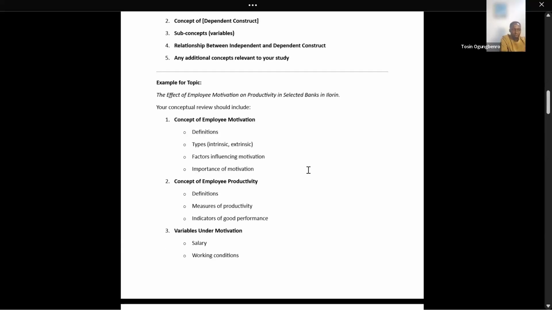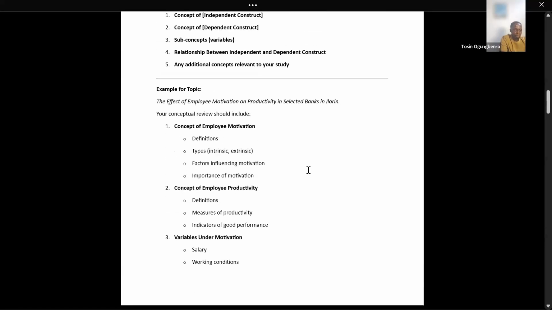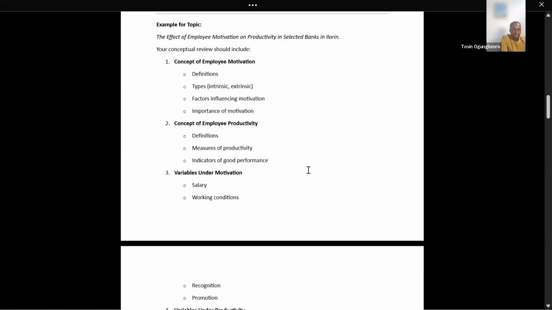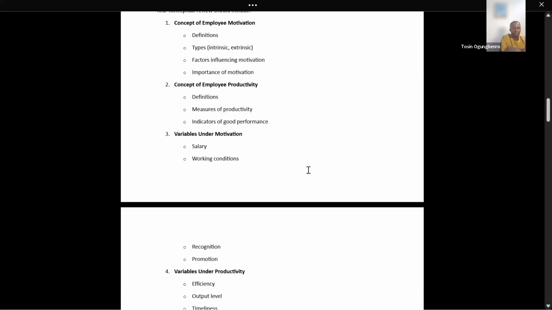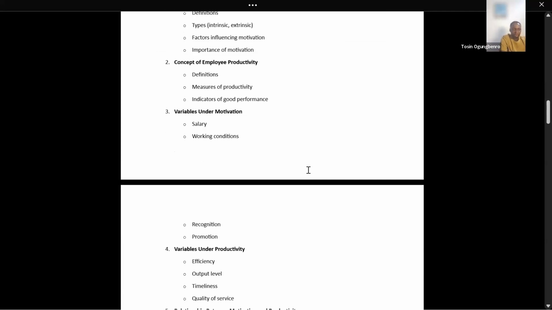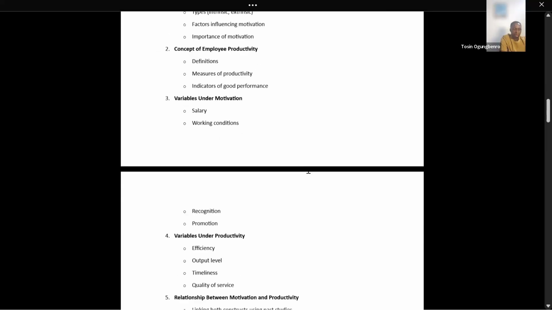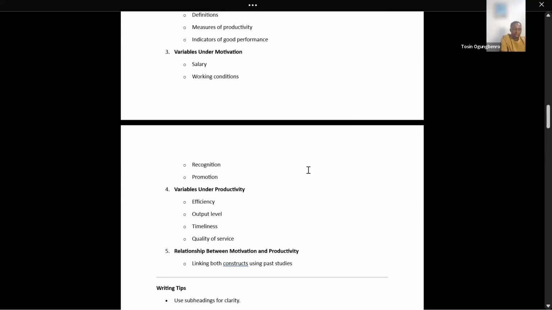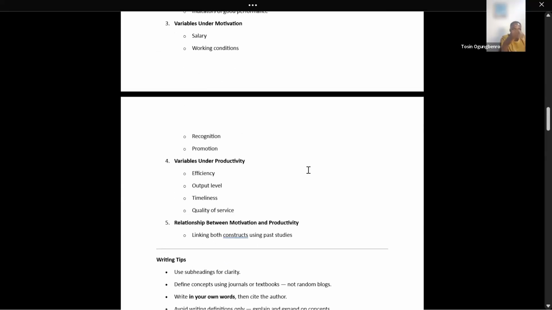So concept of employee motivation is one concept. We talk about definition, types, factors, importance, and so on. Concept of employee productivity, and variables under motivation. Then the relationship between motivation and productivity.